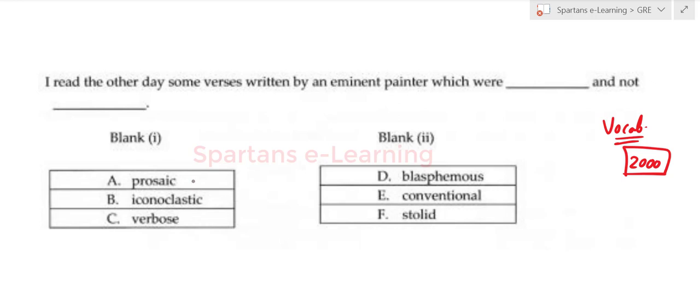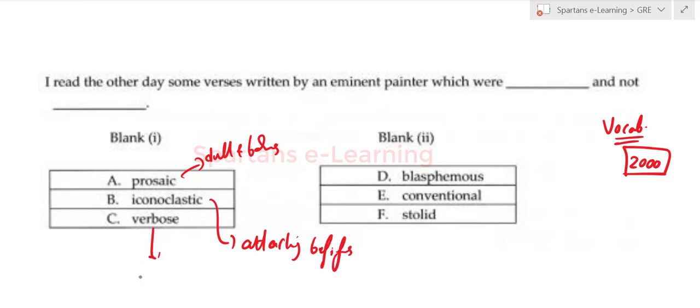Now say this, prosaic. Prosaic means dull and boring. Iconoclastic means attacking cherished beliefs or customs. So attacking beliefs. Verbose means voluminous, unnecessarily filling a sentence structure with a lot of words, bloating the structures unnecessarily.